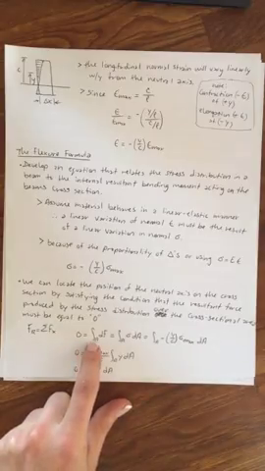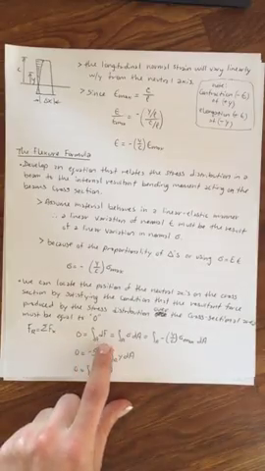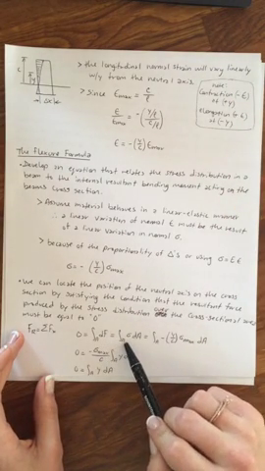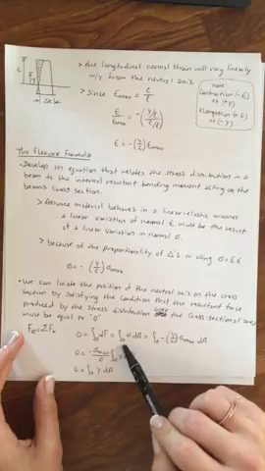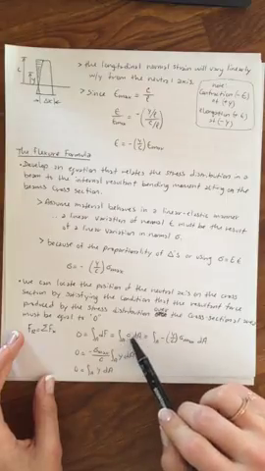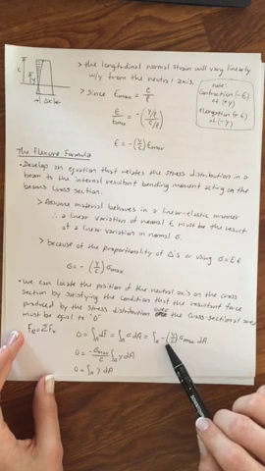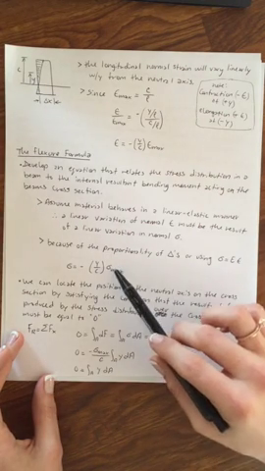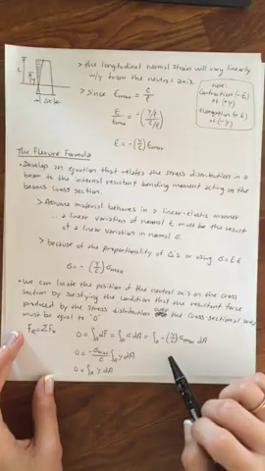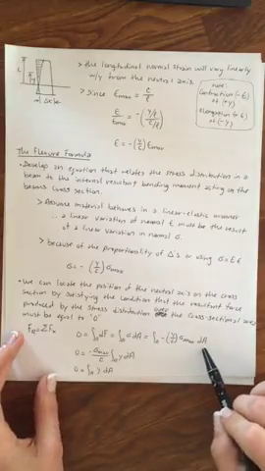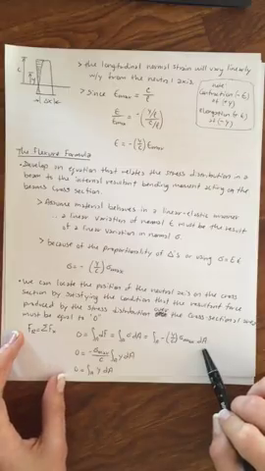0 is equal to the integration over the cross-sectional area of the force, which is equal to, as we know, sigma dA, which is equal to this formula that we've just derived up here, negative y over c times the maximum stress times dA.